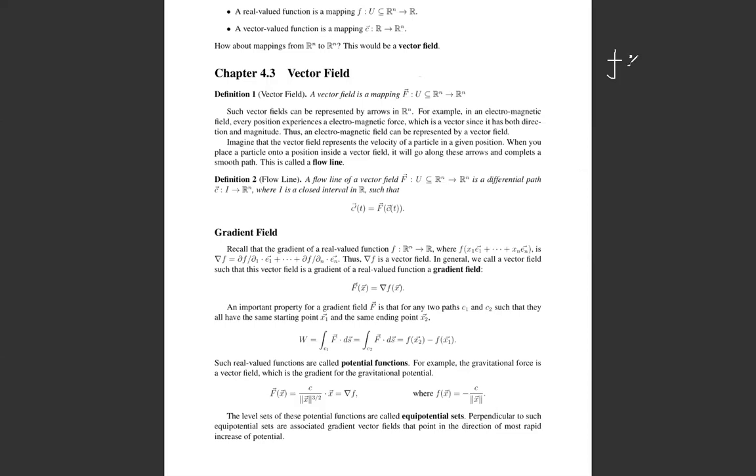if F takes a vector in R3 and has some evaluation in R, f of x, y, z, then the gradient of f is a three-dimensional vector such that you have partial f of partial x, partial f of partial y, and partial f of partial z.